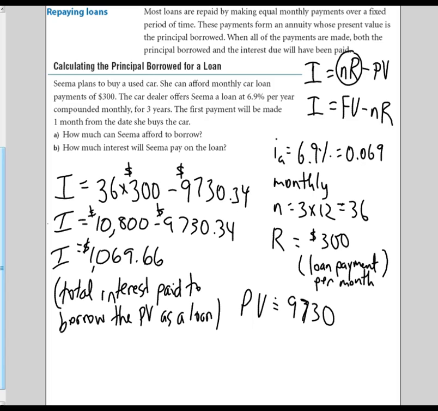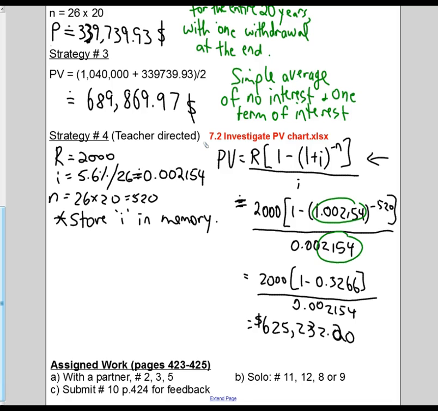So in this case, $10,800 are the total payments. The loan amount was less than that, and the fee to borrow that amount without paying for it up front is the interest, that would be $1,069.66.